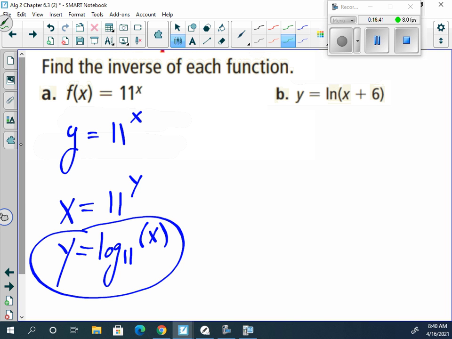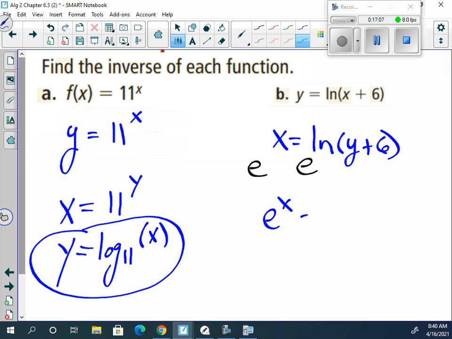So the last one that we're going to look at is this here. Well, they already wrote it as y equals the natural log of x plus 6. So we can go on in, switch the x and y. Yes. e to the x is equal to.